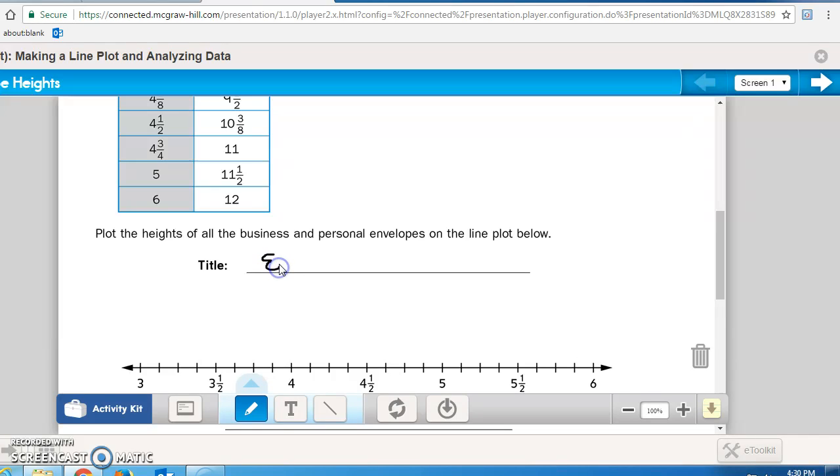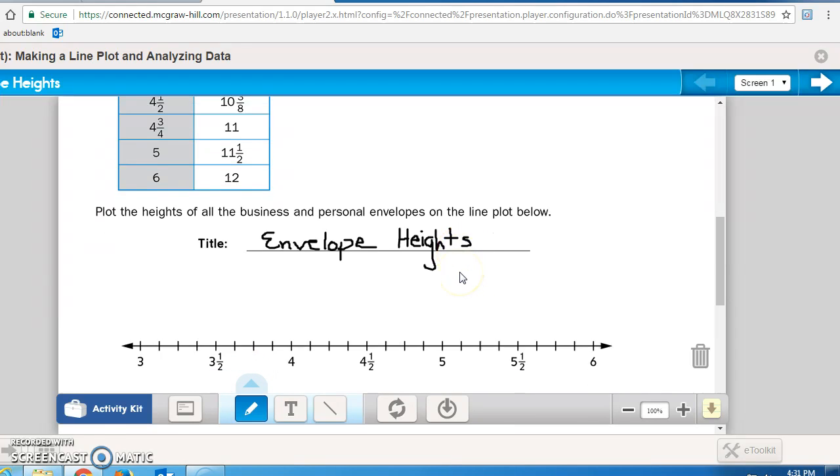So that would be our title. So envelope heights. Sorry this takes me so long. I wish there was a quicker way to do it.